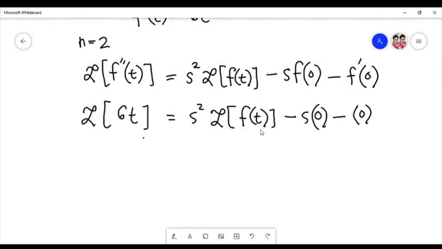Okay, so now we can solve for the Laplace transform of the function of t. This is what we are looking for, because we are asked to solve for the Laplace transform of f of t is equal to t cubed. All we need to do is evaluate the Laplace transform of the derivative.